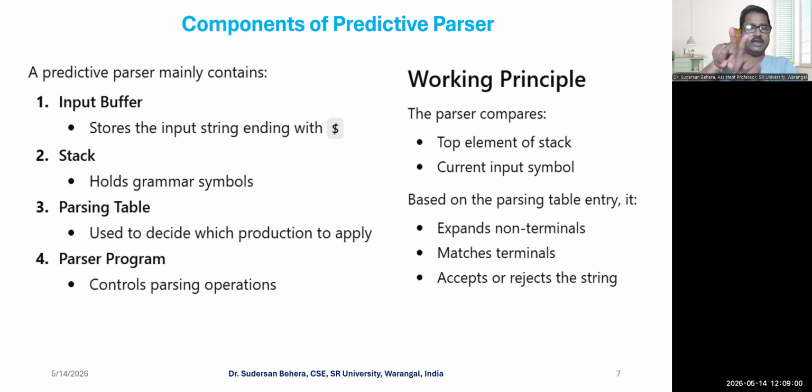Both of them it reads simultaneously. It has 2 pointers, in fact 3 pointers I can say. One pointer points to the input buffer, which reads the current input symbol. The other pointer points to the top of the stack. And finally, the parsing algorithm is there.